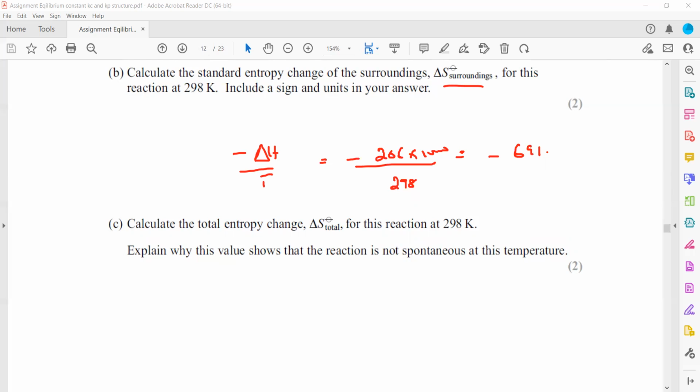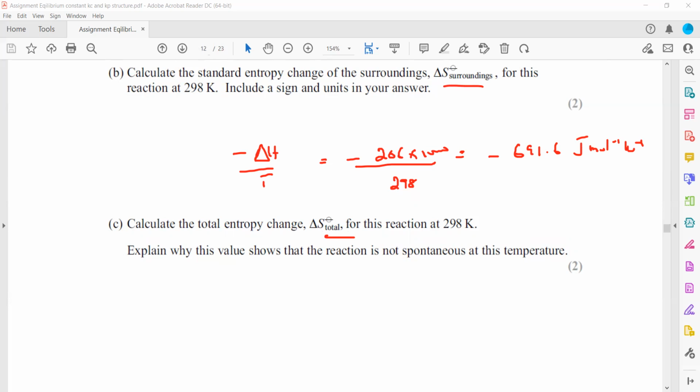And then the total entropy will be the system plus the surroundings, our answers for the previous parts B1 and B2. We just sum.